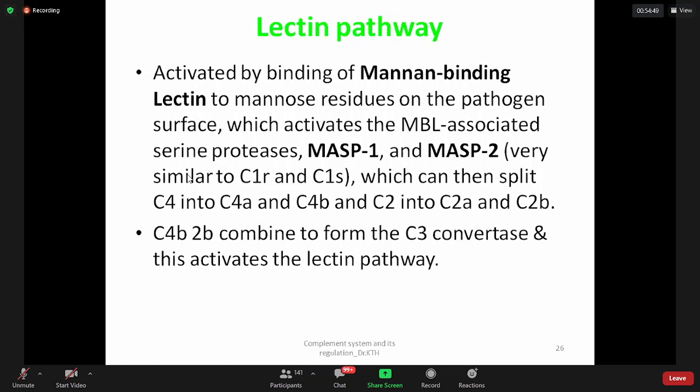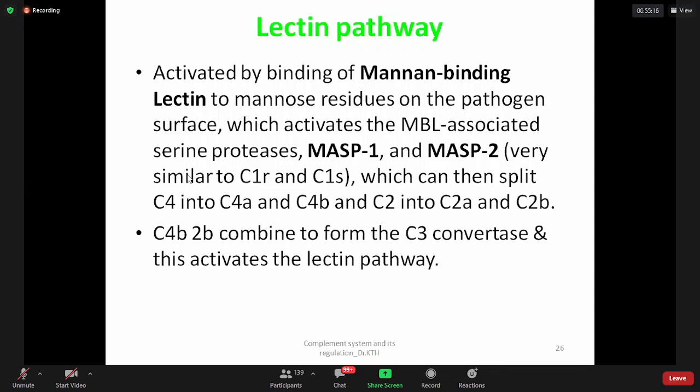So MASP1 is similar to C1r, and MASP2 is similar to C1s, meaning that these are serine proteases. These will then cleave C2 into C2a and C2b, and C4 into C4a and C4b, the same way we saw with the classical pathway.